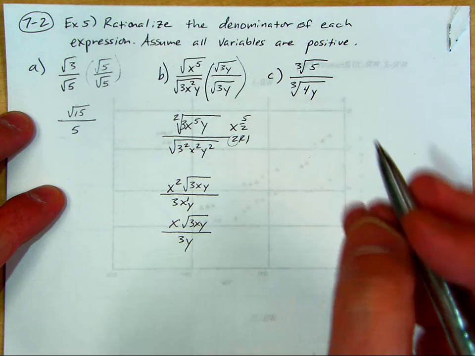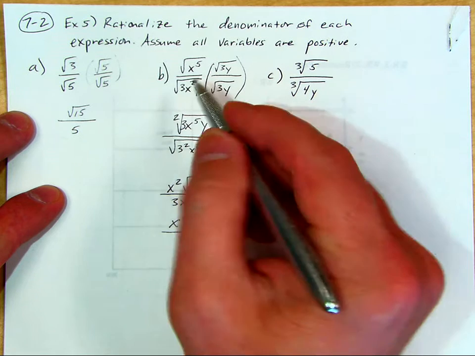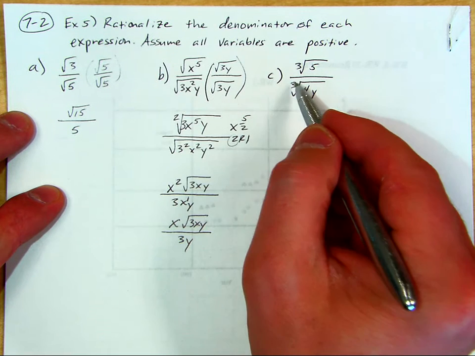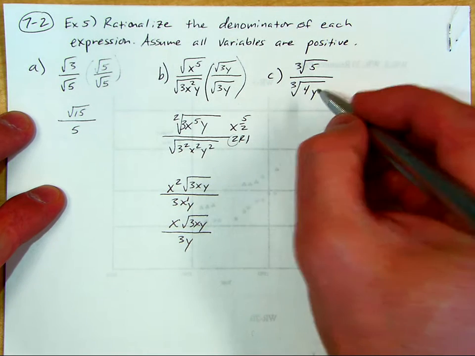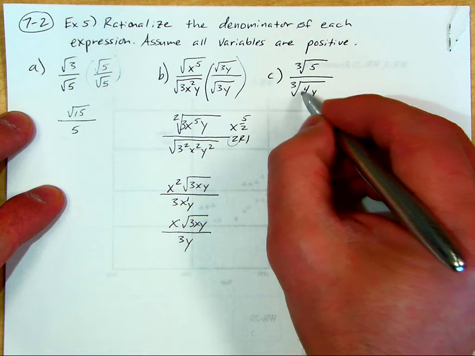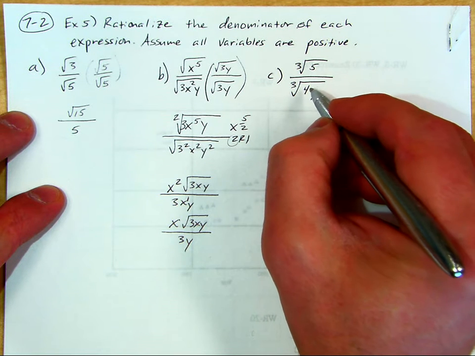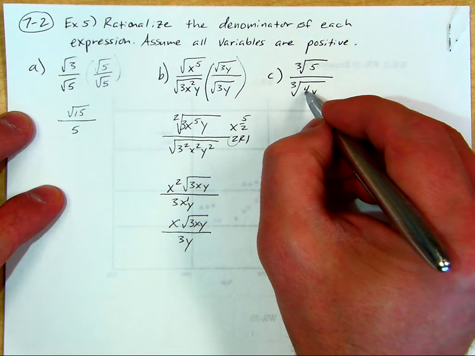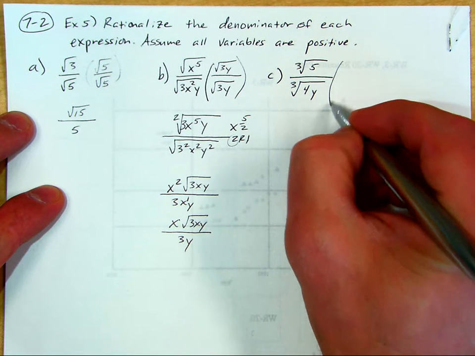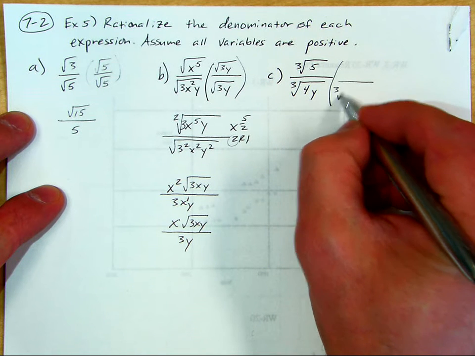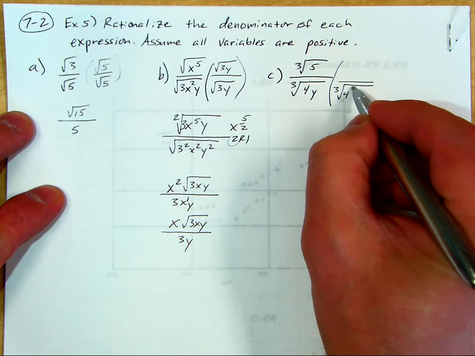Kind of cool. Same mentality goes for here, except now we're not looking for square roots. We're looking for cube roots. So I'm going to multiply the denominator by something that's going to make these all perfect cubes. Well, think about it. You've got 1 4 in here. You need 2 more 4s. So why don't we multiply by the cube root of, just say it, 4 squared.